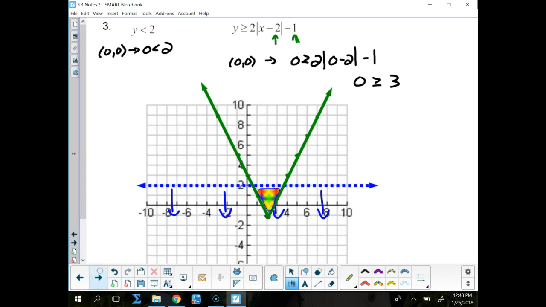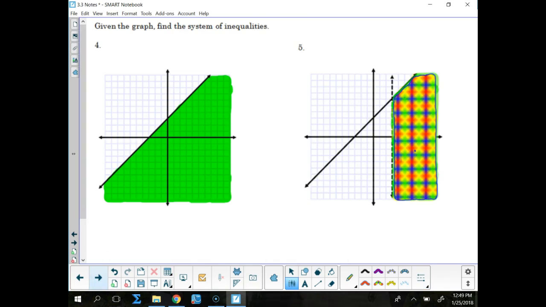Okay? Working our way backwards. So I've got this line, right? This line here has a y-intercept of 3 and a slope of, to me, it looks like positive 1. Do we agree with that? Okay?